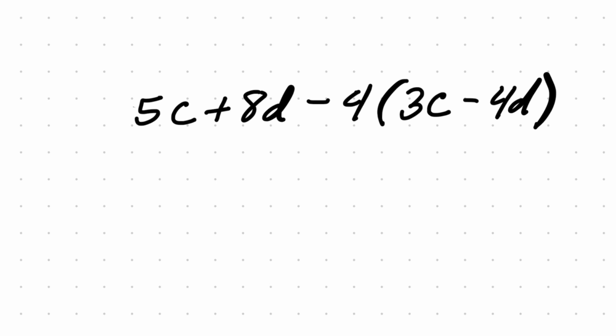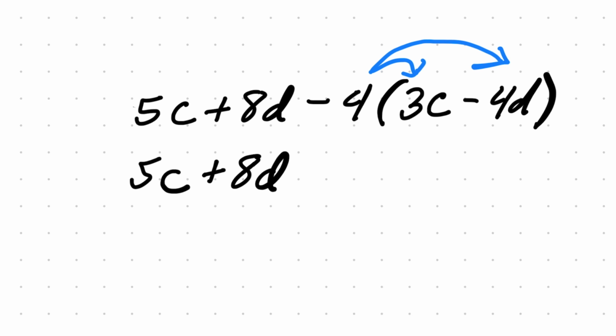So now we have another problem. So here you have to multiply the negative 4 times the 3c and the negative 4 times the 4d. You have to do that first before you can do anything else. So the 5c and the 8d, you just bring it down for right now.